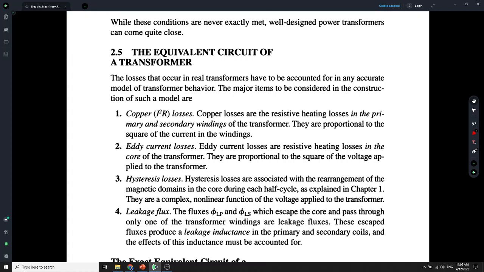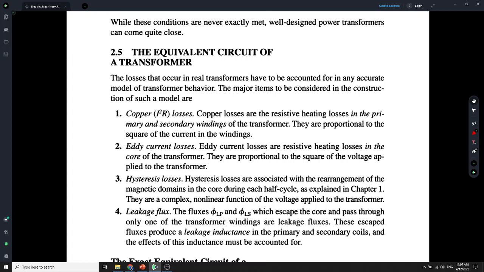There are 4 types of losses, and since we have 4 types of losses, that means we will have 4 components in the circuit. So we have the copper losses.